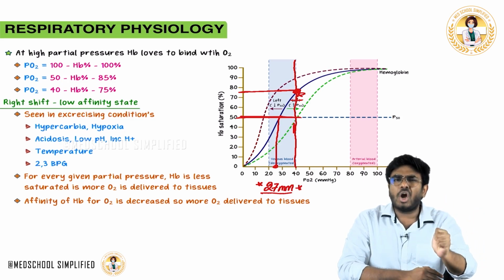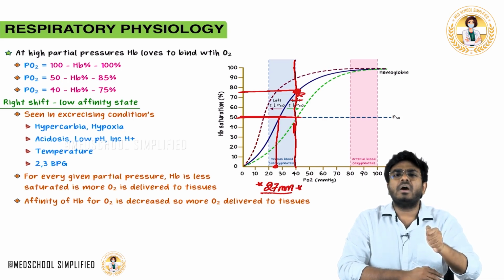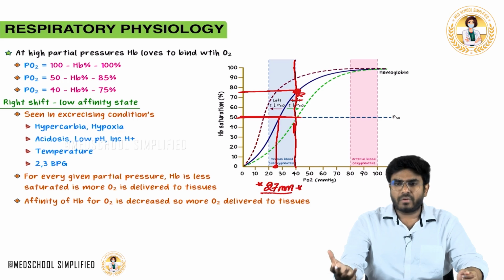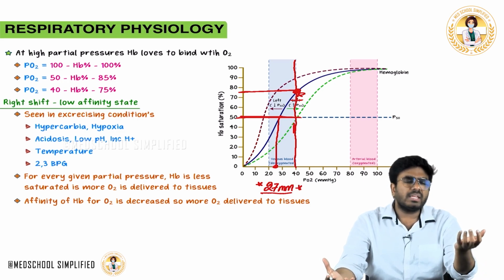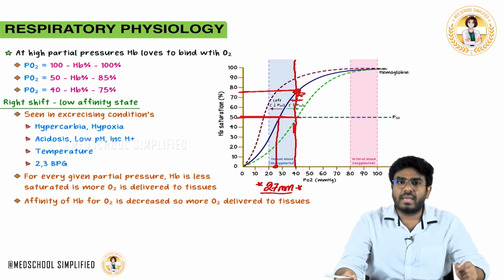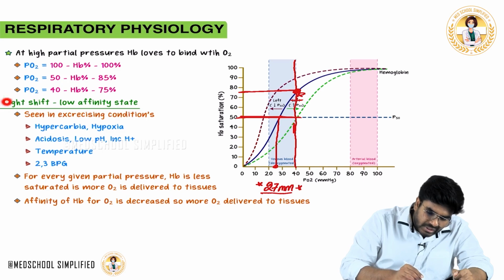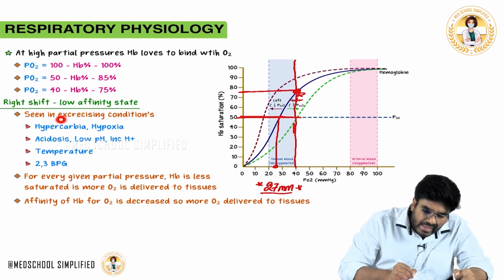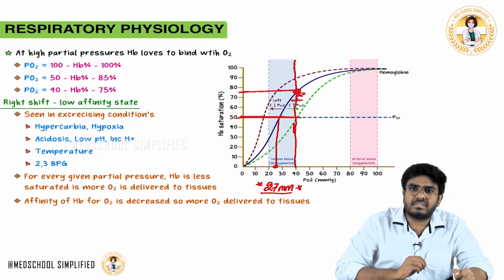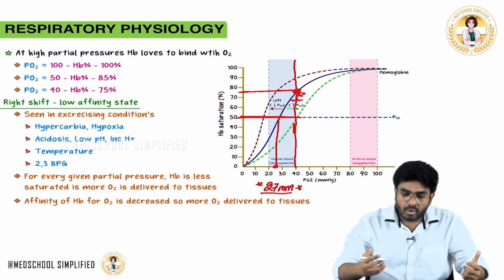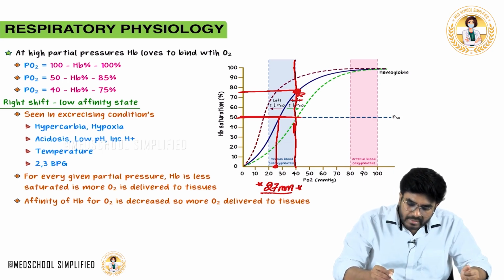Instead of delivering one oxygen molecule, it will now deliver 2 oxygen molecules. When the oxygen demand is more, hemoglobin will have to easily deliver the oxygen to the tissues. That's what will happen. This right shift, the green color dotted line, is going to be seen in exercising conditions. Whenever you exercise, there will be a right shift.